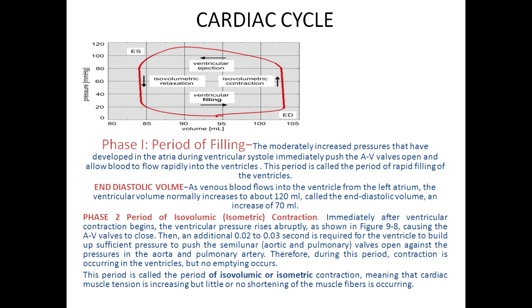Okay, so this time it takes to build up pressure to open the semilunar valves, there is no flow of blood either into the atrium or into the ventricle. Blood stays in the ventricles, but only contraction is occurring to build up more pressure. So this phase is called isovolumic or isometric contraction.